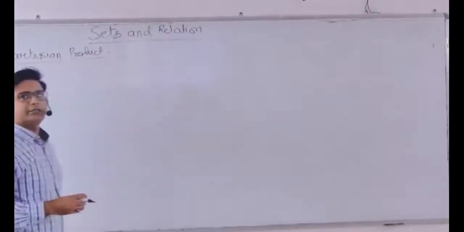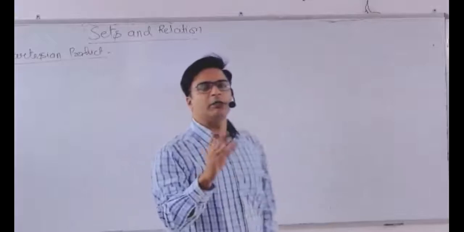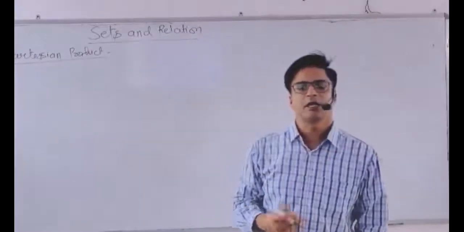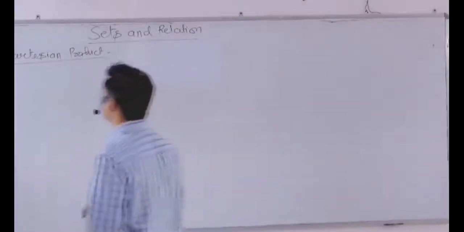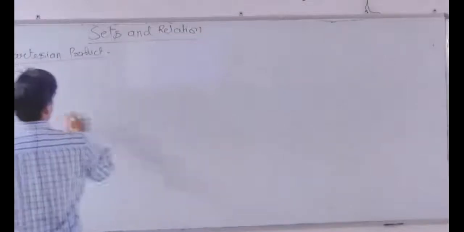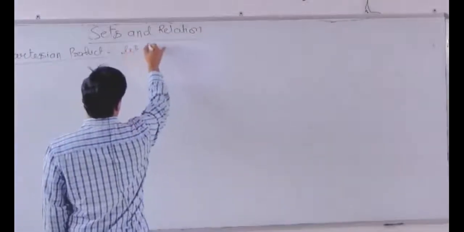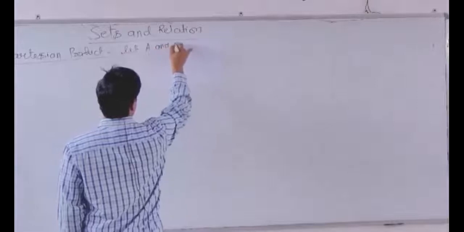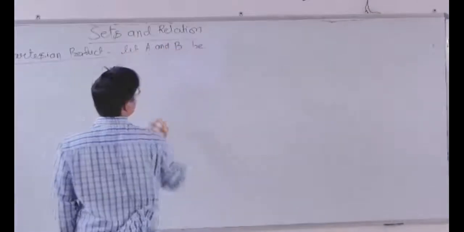Now, Cartesian product is always defined between two given sets. Understand what we are doing. Let A and B be two given sets.